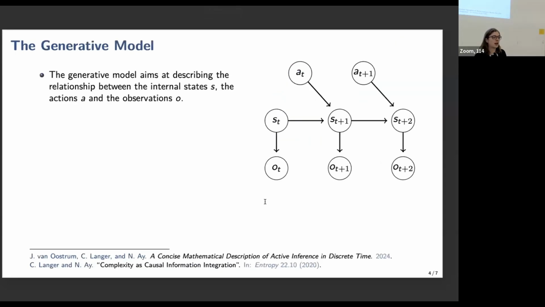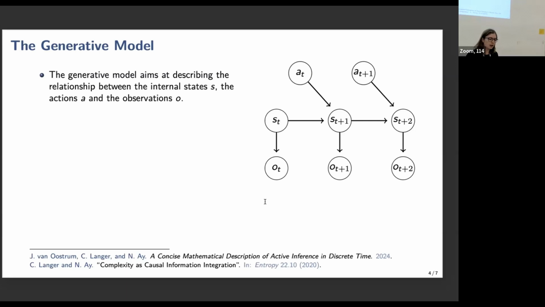The generative model aims at describing the relationship between the internal states, these are the states S here, the actions A, and the observations O. Here we have 3 time steps, t, t+1, and t+2. The time as well as the state spaces of the variables are discrete in this case.